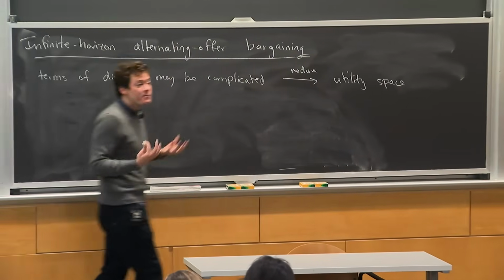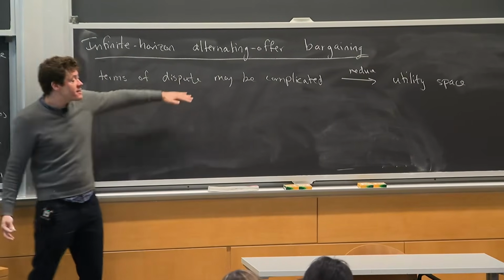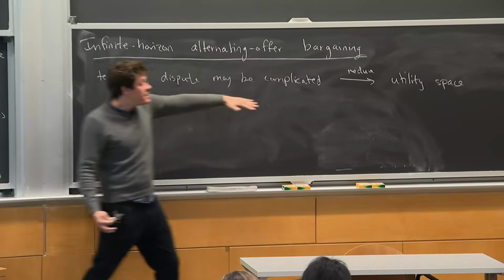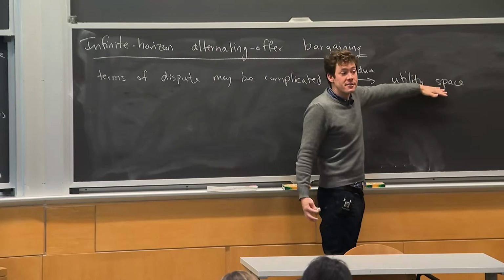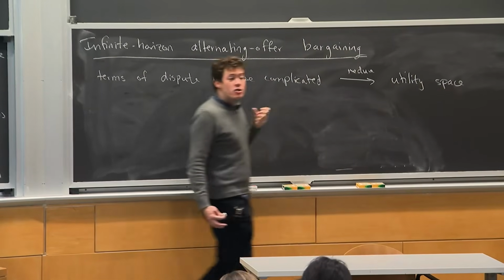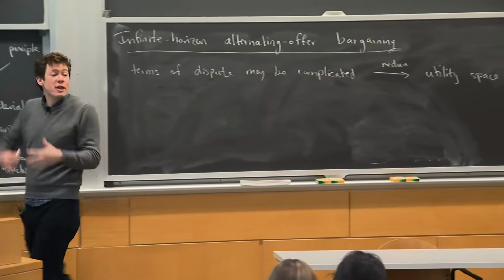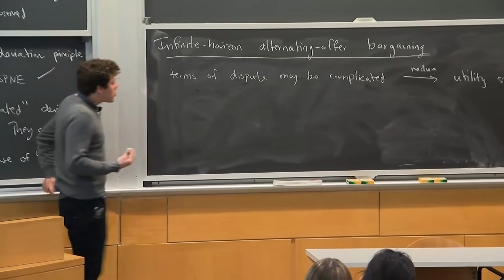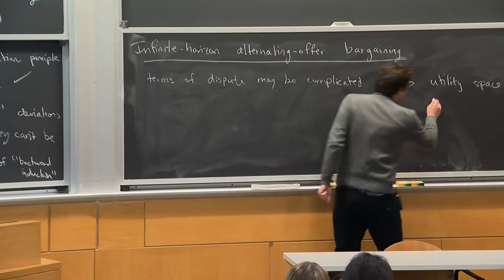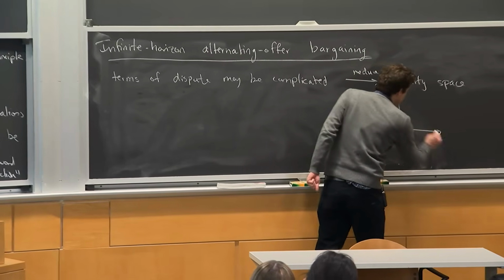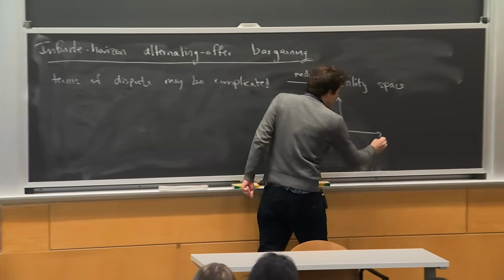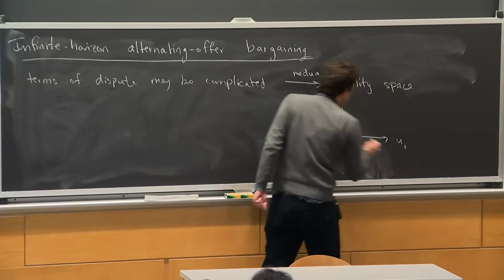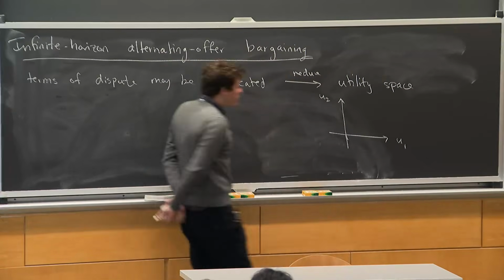But what we're saying is the strategically relevant aspect of the terms of some offer is simply how much utility each party gets. And we can just treat the offers in utility space. We can represent them by the utilities they give to each party. So we're going to think of utility space. We have player 1's utility and player 2's utility.